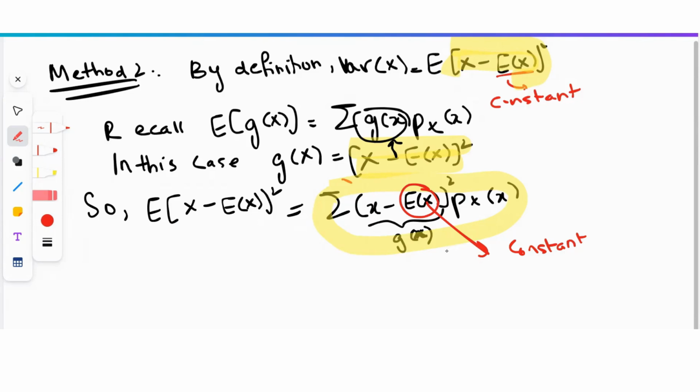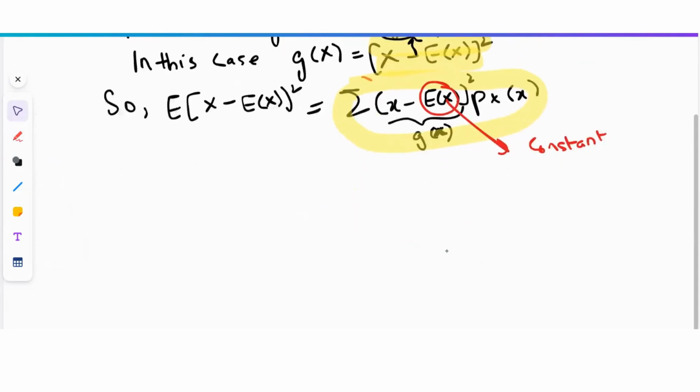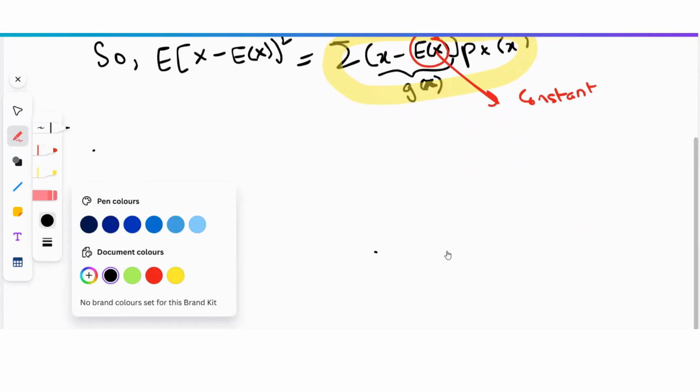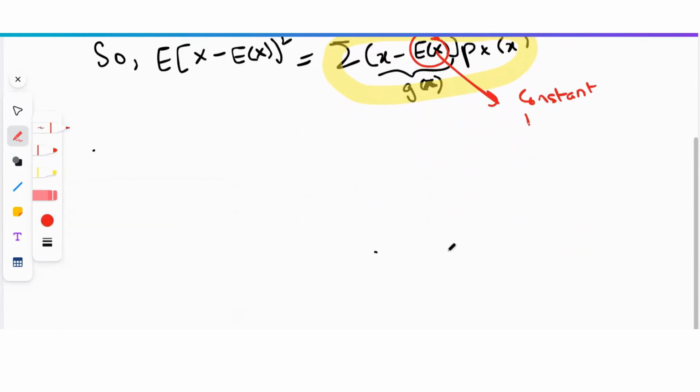So here, in method 1, where we're using the formula, we need to first find the expected value of X and the expected value of X squared. Here we just need the expected value of X, obviously, because that is definitely part of it. So this is a constant; in this case, the expected value of X is 1.75, already found it.